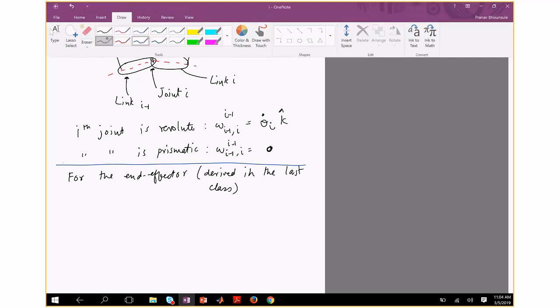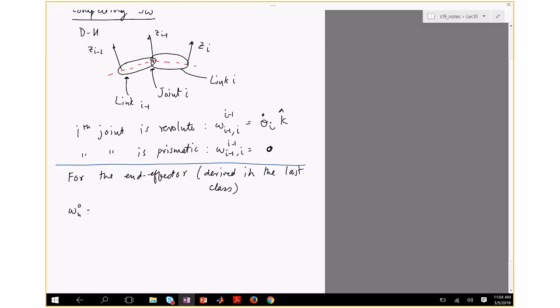The formula was omega_n^0 equals omega_{0,1}^0 plus R_1^0 omega_{1,2} and so on all the way to the end. What I'm going to try to do is, instead of writing it as R_1 omega_1, reuse these expressions to write the formula for these things.